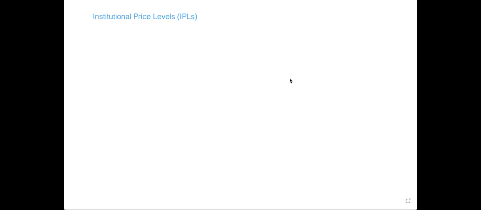I'll give you one example before we go to the chart. So let's start by defining what an institutional price level is and what those levels actually are.